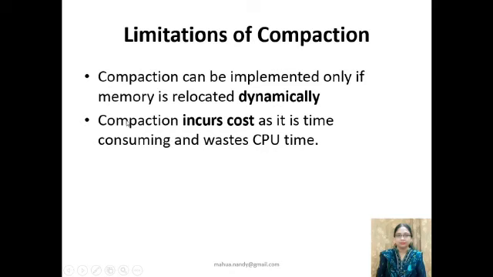Compaction, however, is not always possible. One limitation is that it can be applied only if the memory is relocated dynamically at the execution time. Another limitation is that compaction incurs cost because it is time consuming and wastes CPU cycles.